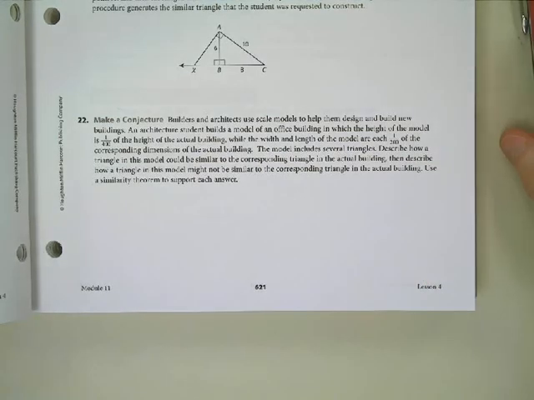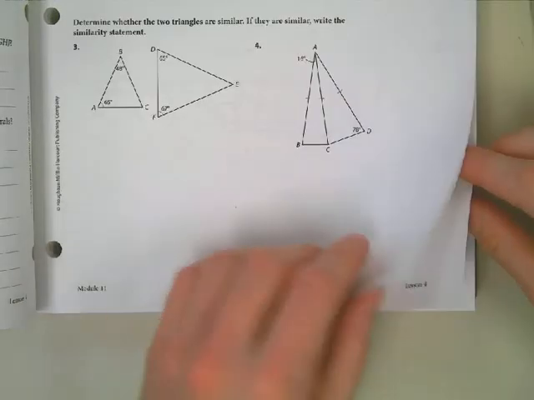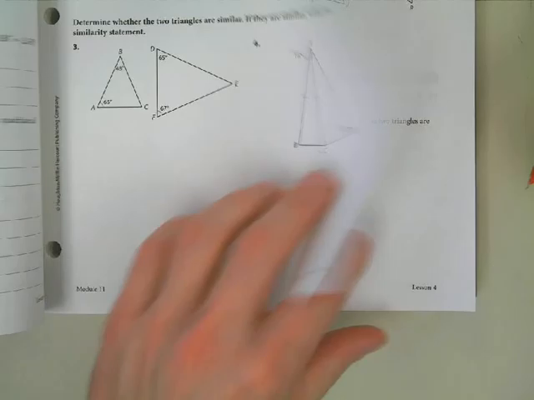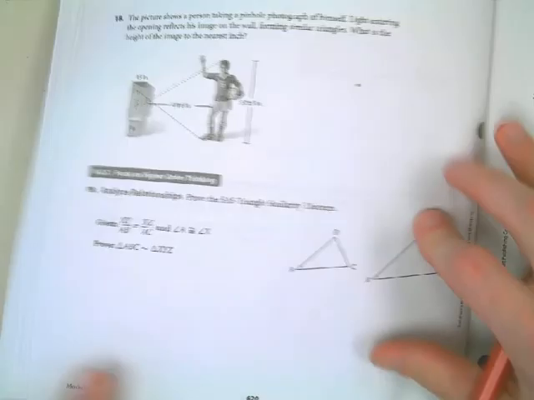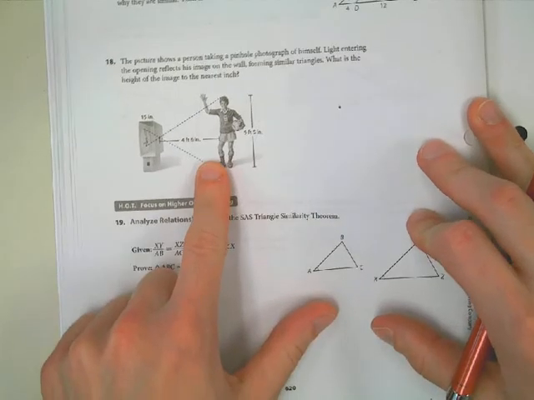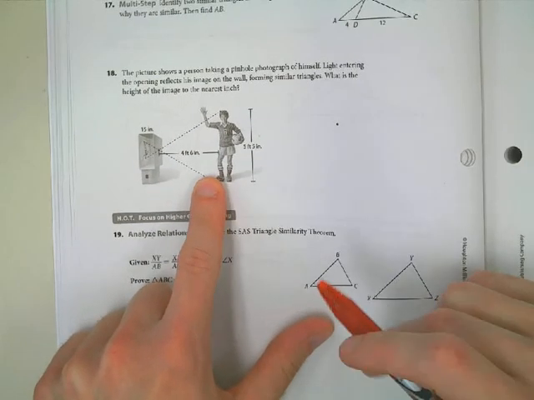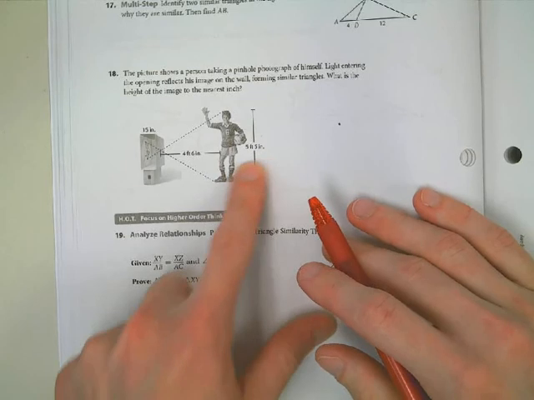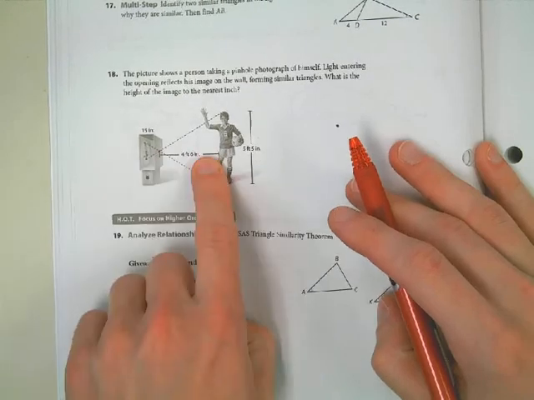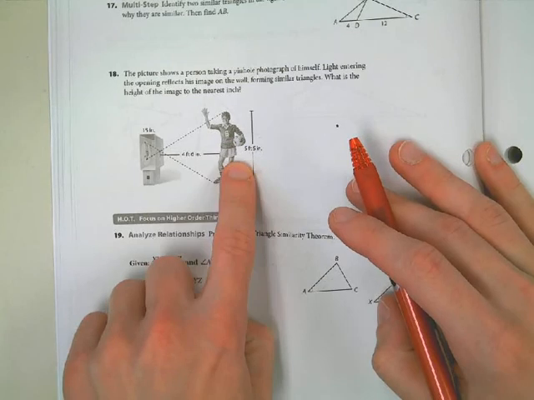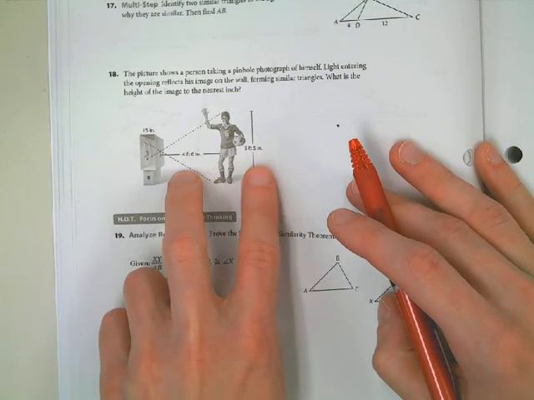I'm going to give you a little bit of a hint here for number 18. You'll notice that your units are mixed up here. For example, we have a measurement of 15 inches, but here we have measurements of feet and inches. So what might be helpful for you here to do with these numbers?